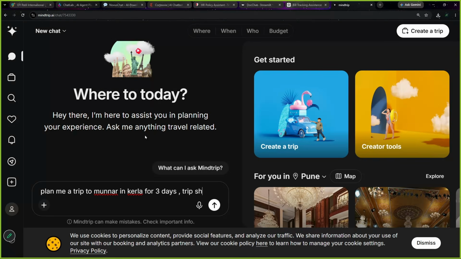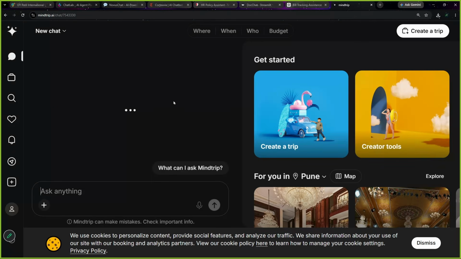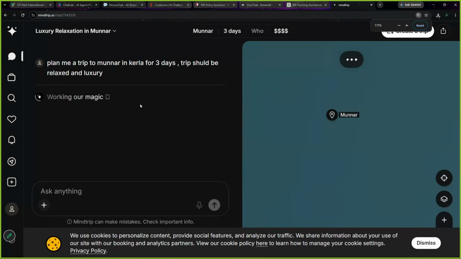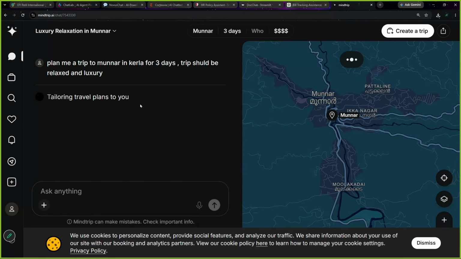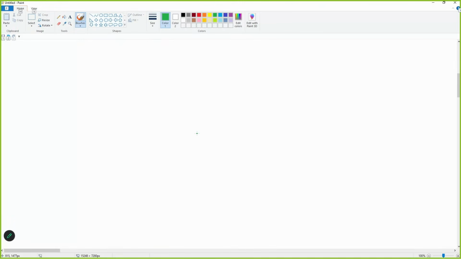The trip should be relaxed and luxury. See, it will plan a 3-day trip, and let us talk about the kinds of sources it is using to extract information from. First, it is extracting the maps information, the Google Maps information, about where exactly this particular place is located. Then let us list these things out.